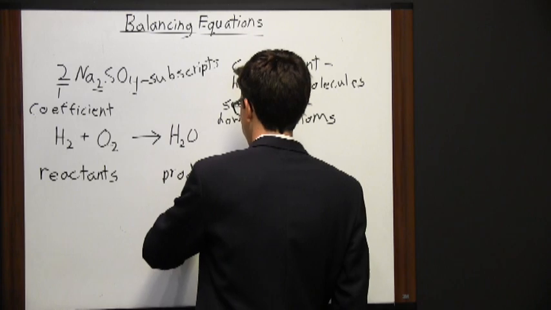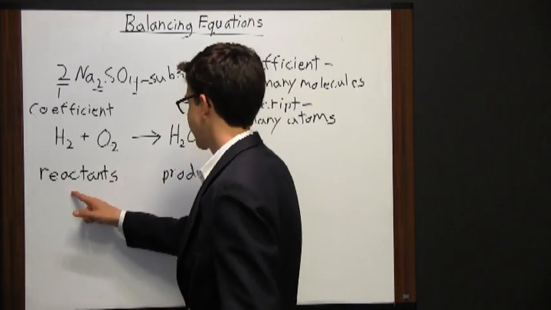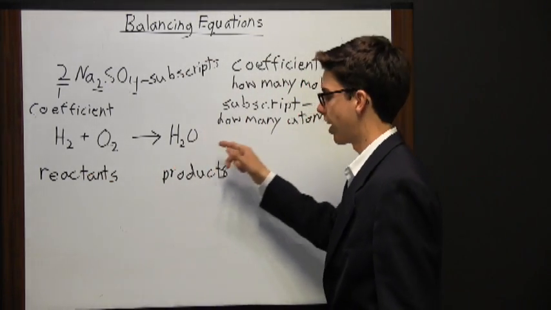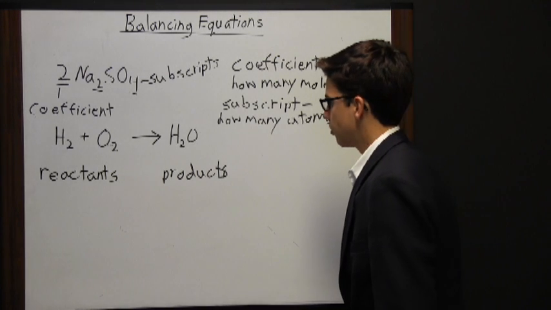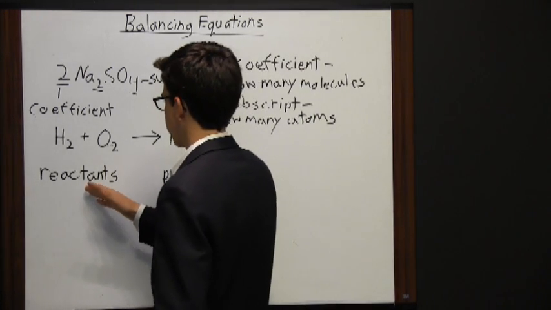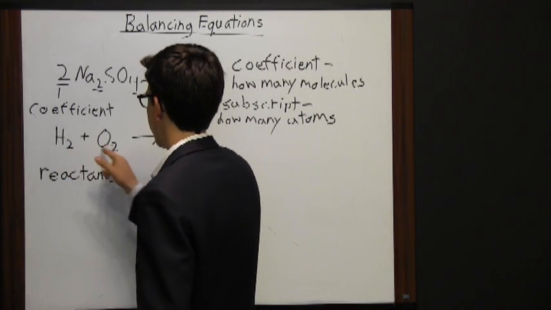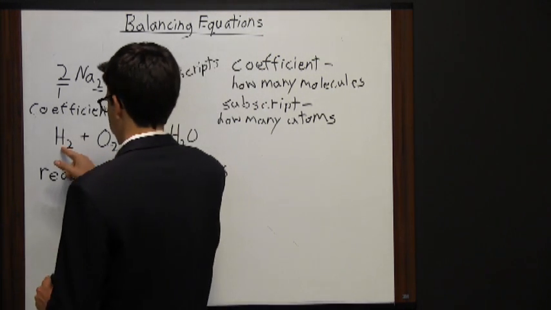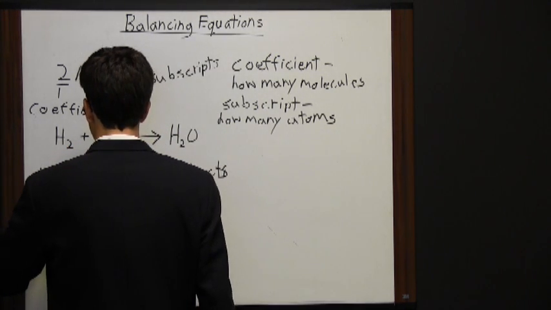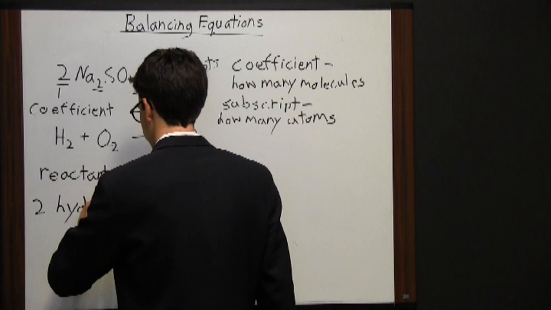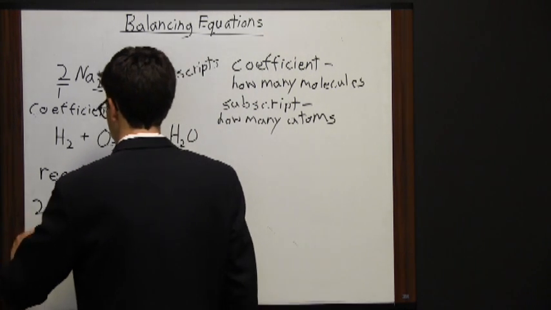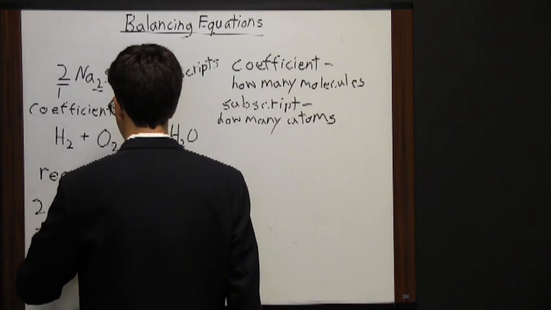So these things over here are reacting together to form this product or products. And so the reactants are always on the left, and so we need to count how many of each atom we have on this side. So we have a subscript of 2 here, so we have 2 hydrogens, and we have 2 oxygens.